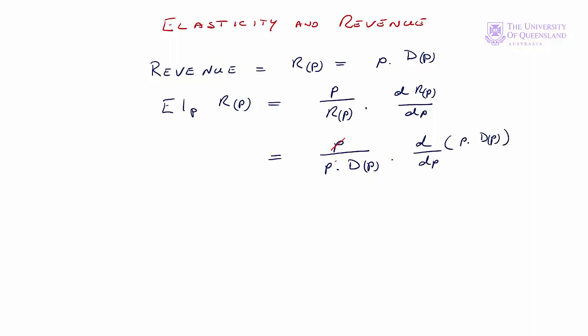Prices cancel out there. That's equal to 1 on quantity demanded times, well, we have a product, so we apply the product rule here.